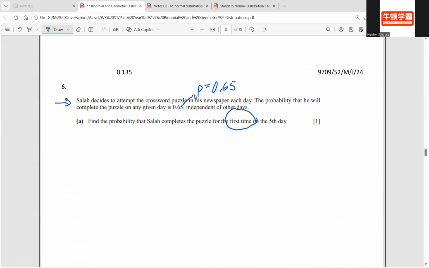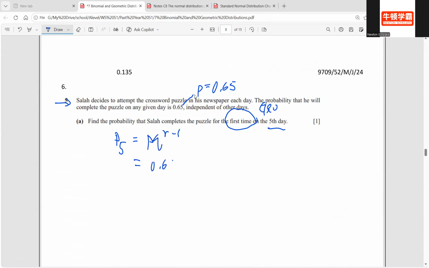For example, question A says this is the first time, so automatically I know this is geometric. Always remember to write it down. Then this is the 5th day, so P(5), or sometimes we put P(X = 5), it is the same. The formula is pq^(r-1).